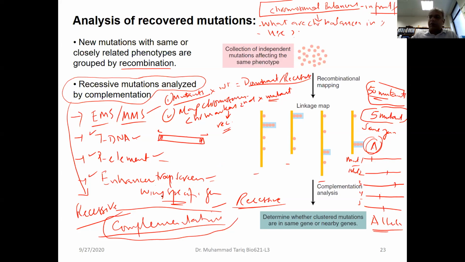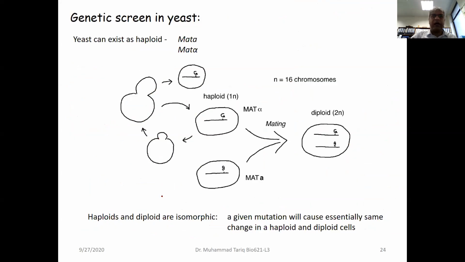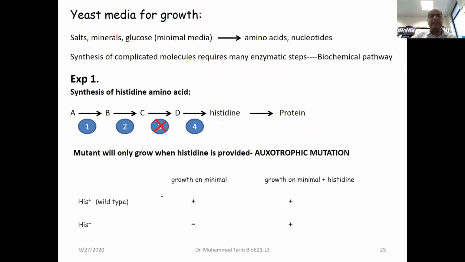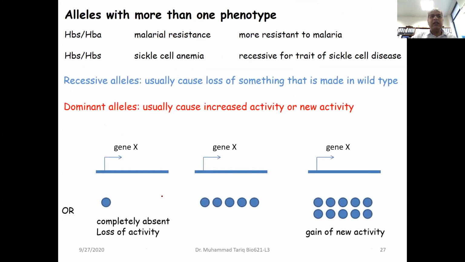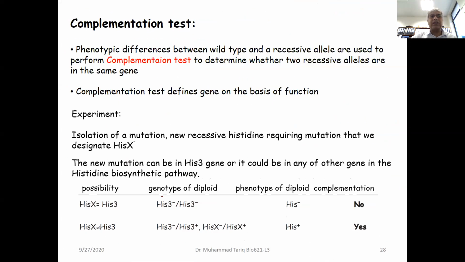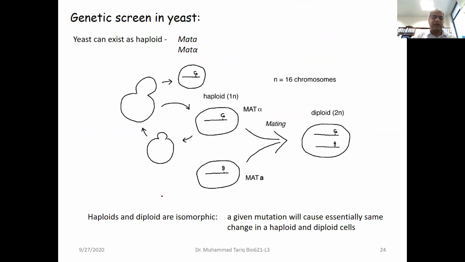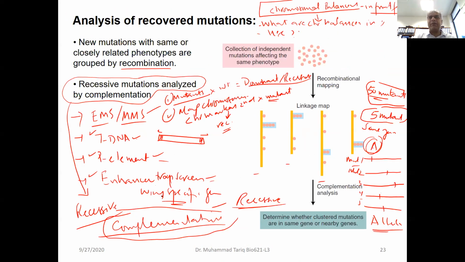So what is complementation? Let me quickly give you an idea so that when you go back and read, look through these slides. When you come back, you will understand the complementation test better in the next lecture. But just as a quick help, I will explain.